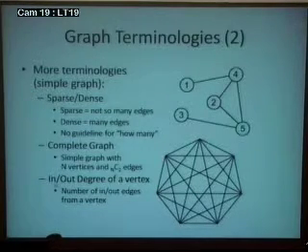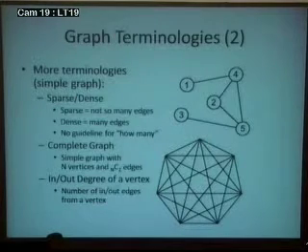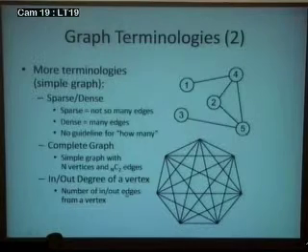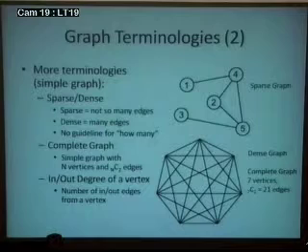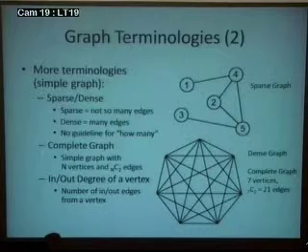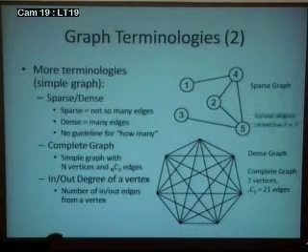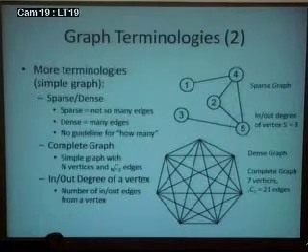Okay. The next terminology is the in-degree or out-degree of a vertex, the number of incoming or outgoing edges of a vertex. So for example, this is a sparse graph, this is a dense graph. The dense graph with 7 choose 2, or 21 edges, you can count that this is really 21. For an undirected graph, the number of incoming and outgoing edges of a vertex is the same.